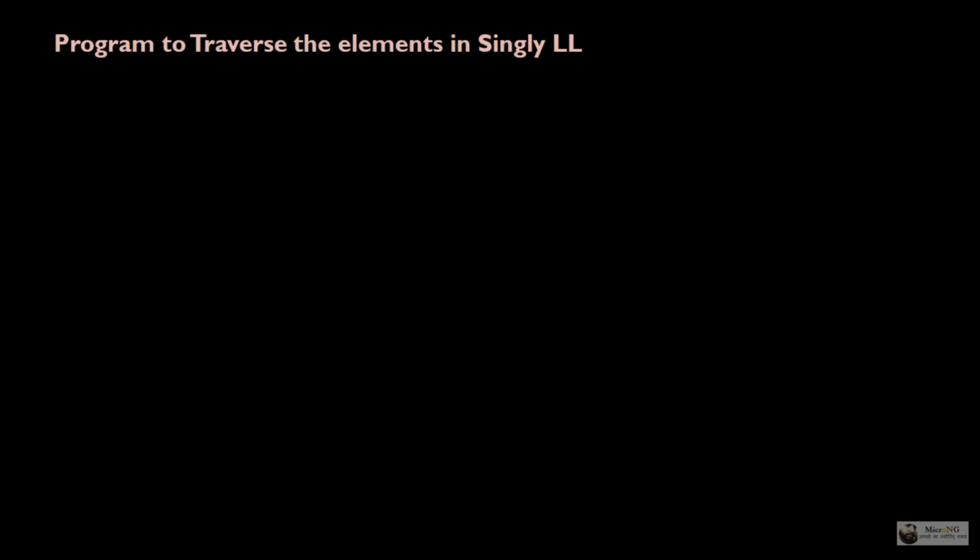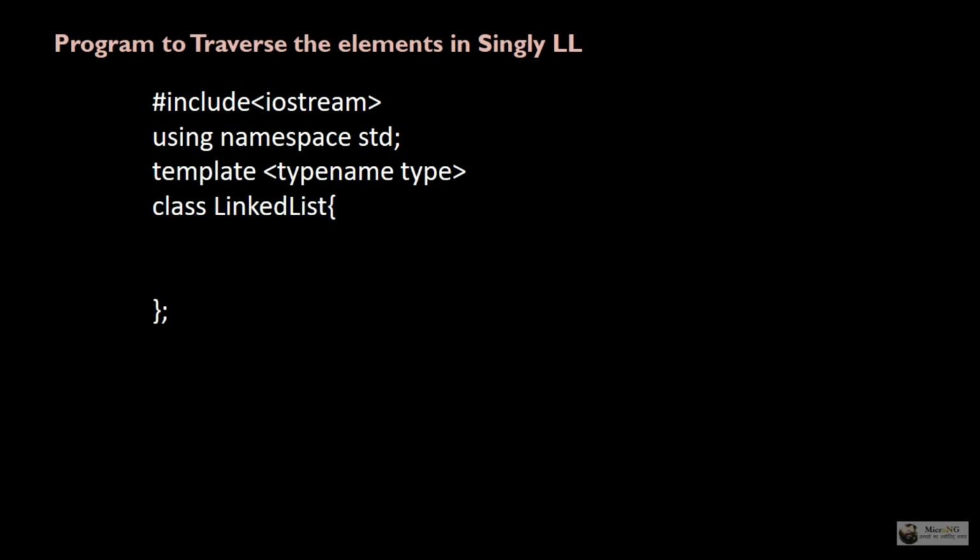Now if you want to perform this program of traversing the elements in a single linked list, first we have to include the header files in C++, and then we need to create the class. The name of the class is LinkedList. In the LinkedList class, we need to create the node structure. The node structure of a single linked list consists of two parts.